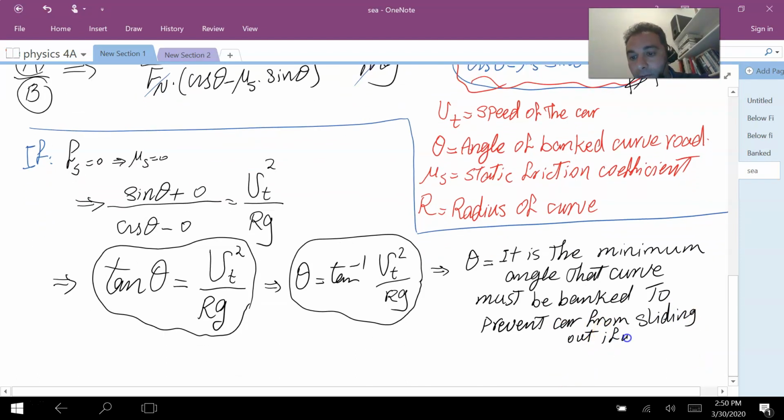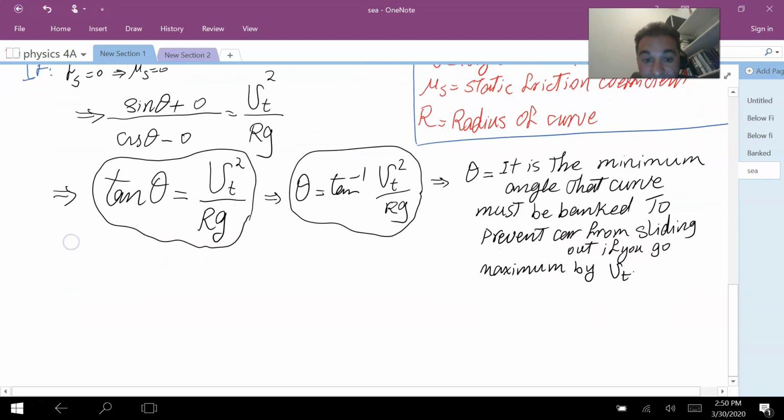If you go at the maximum speed, Vt, the tangent velocity, so what is Vt?